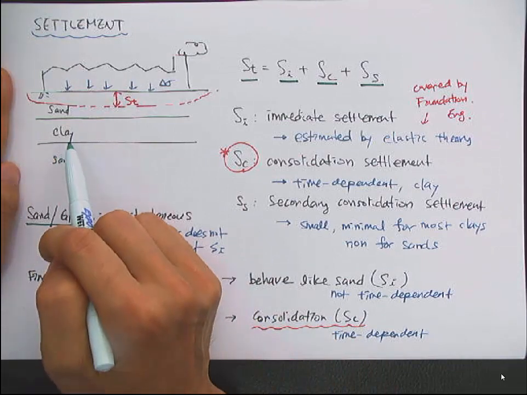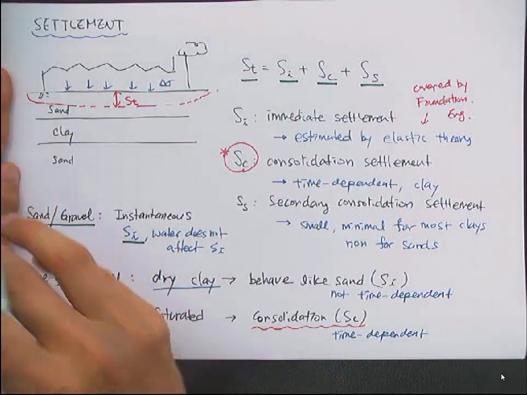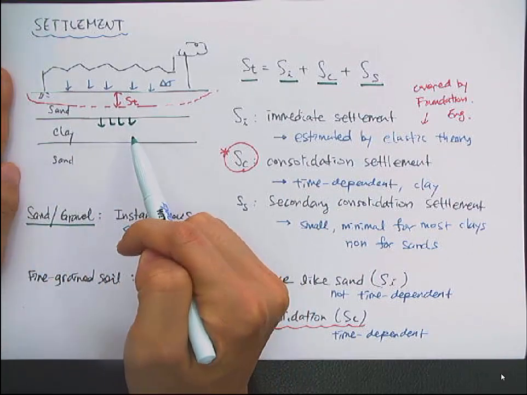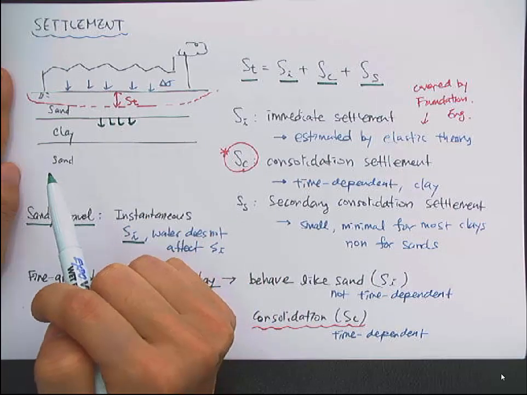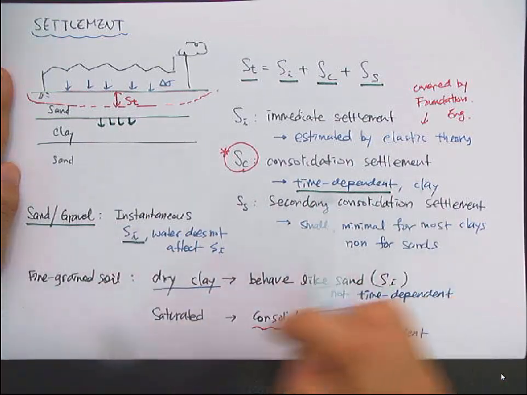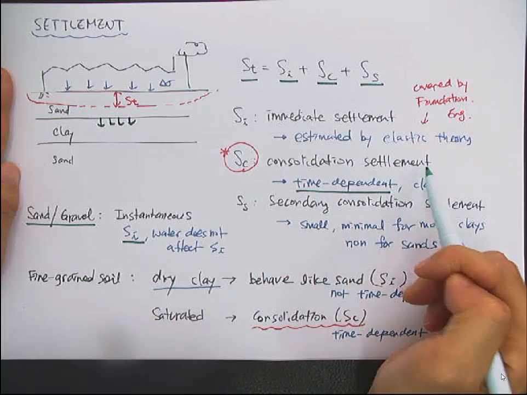But in the clay and the fine-grained sediment, because the permeability is low, when you squeeze it down, the water will need time to escape. So time-dependent settlement will occur, with the settlement gradually increasing with time. And it's called the consolidation settlement.